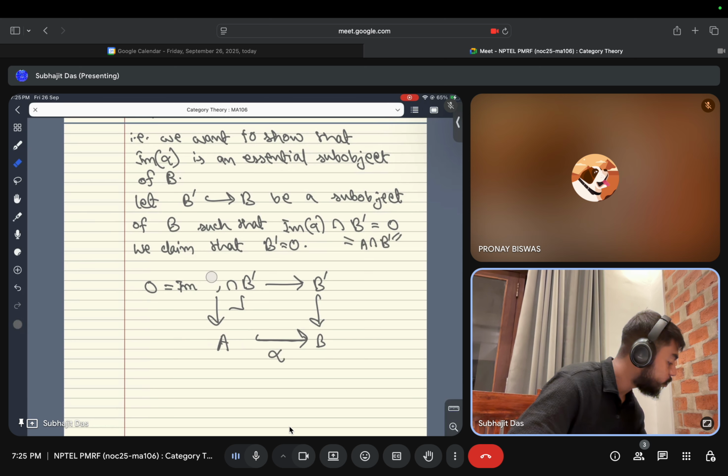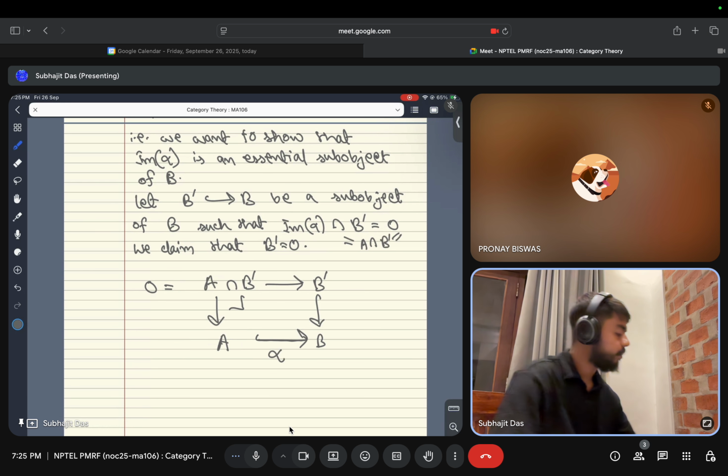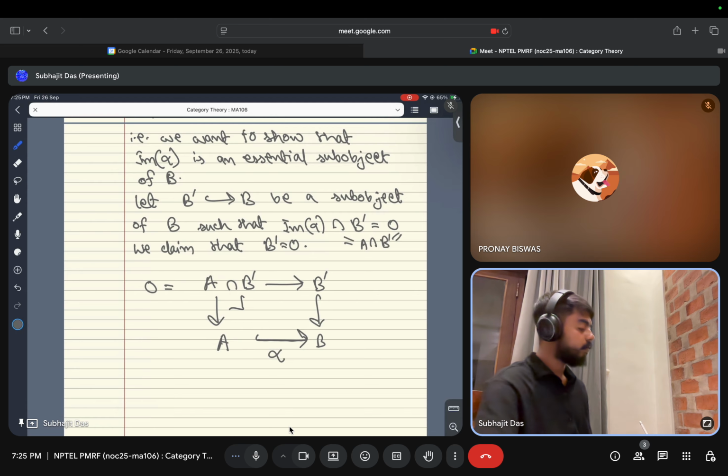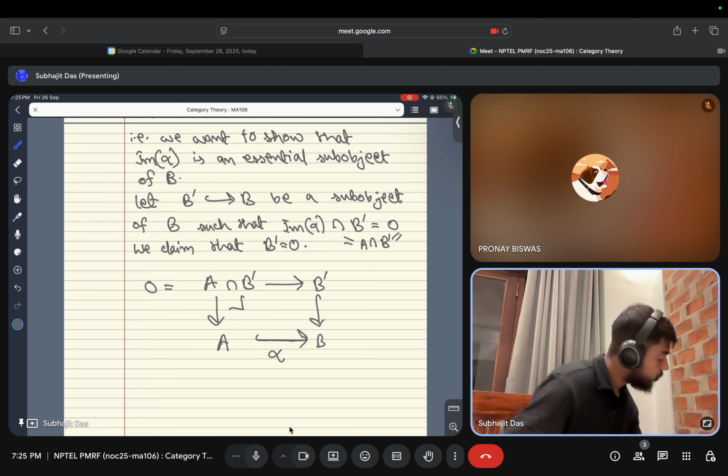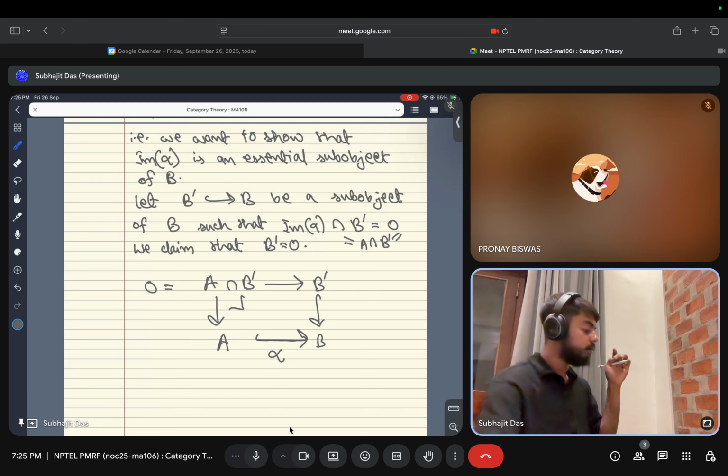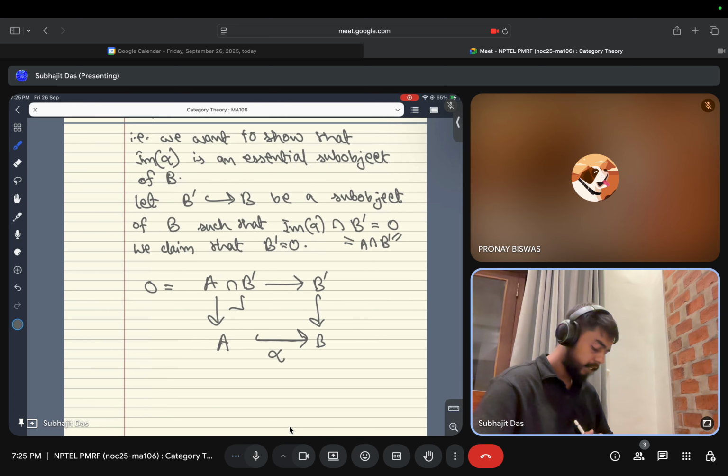Because alpha is a mono, this image of alpha is isomorphic to A. So we have this data. We want to show that B prime is 0. We are given that alpha intersection B prime is 0.